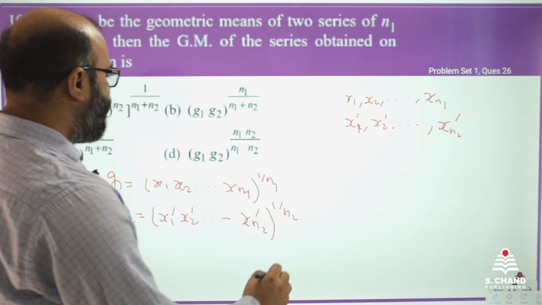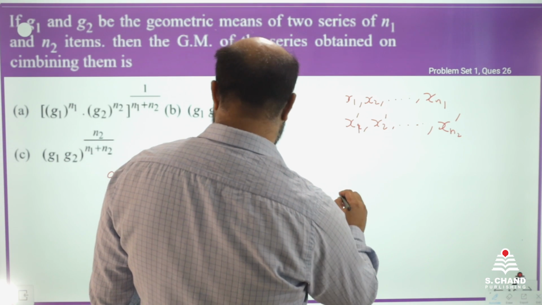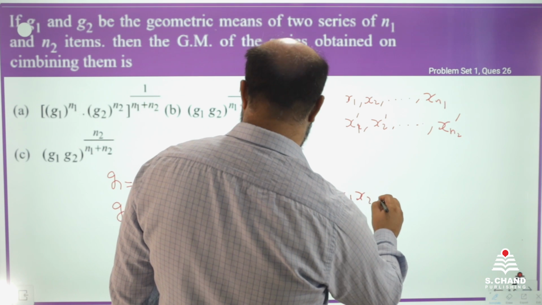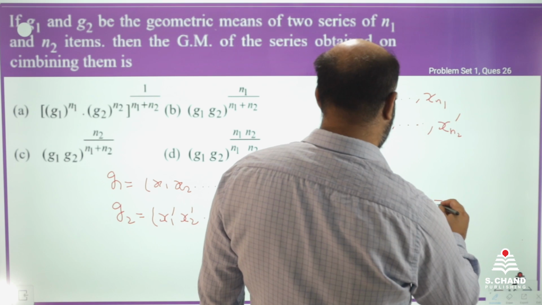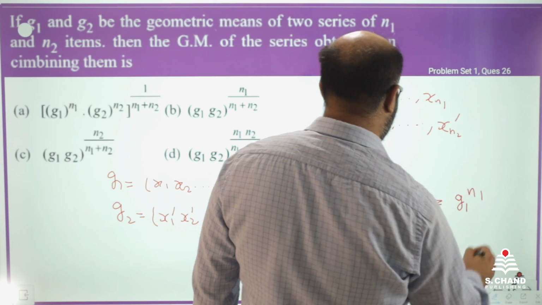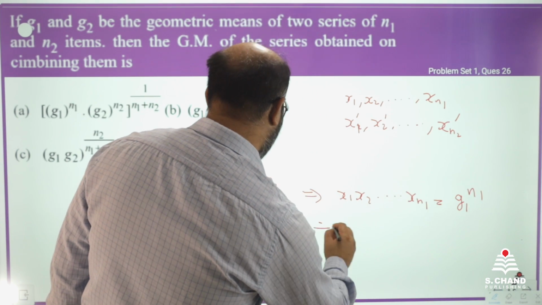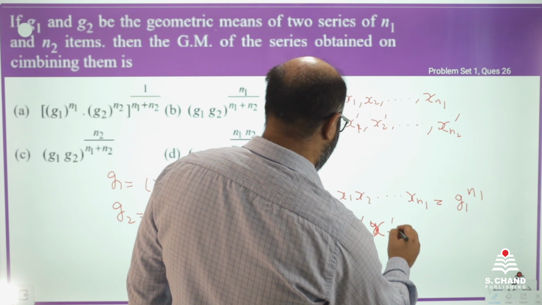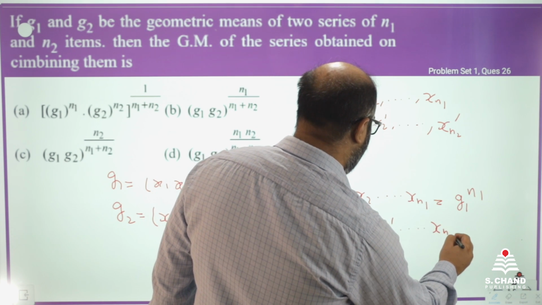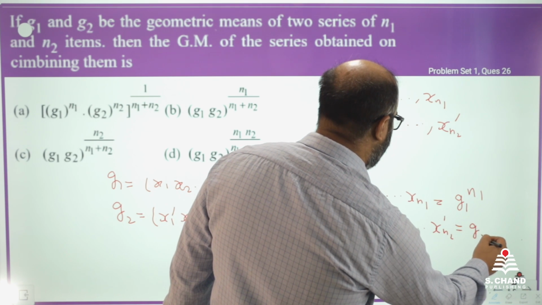Now we can write from here that x1 x2 ... xn1 is equal to G1 to the power n1, and here we can write that x1 dash x2 dash ... xn2 dash is equal to G2 to the power n2.